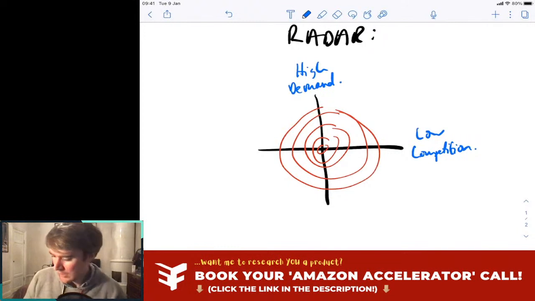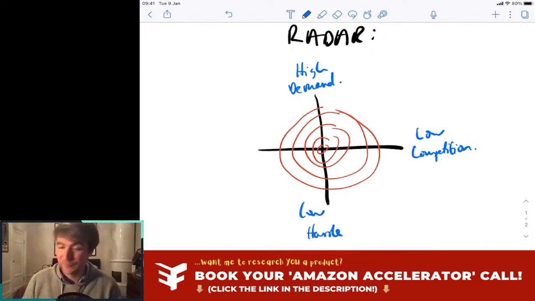The third thing we want is low hassle. In other words, we don't want the product to be a nightmare and cause us loads of hassle. We don't want it to be too big. We don't want it to be fragile. We don't want it to break.